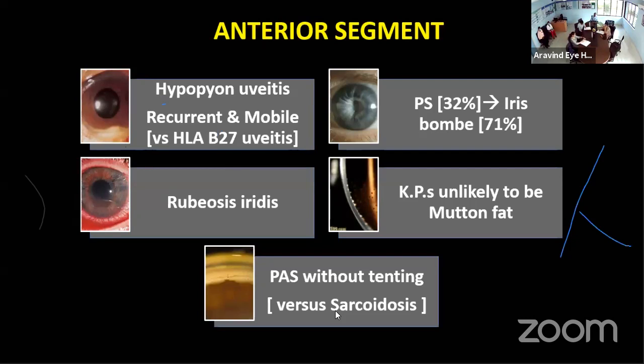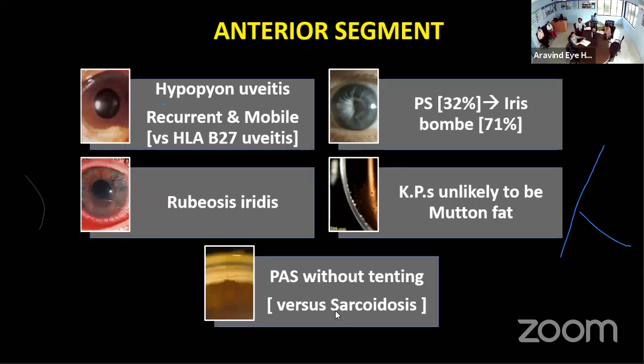When untreated, these Behcets can also have a rubeosis iridis. To do a gonioscopy, you see a peripheral anterior synechiae without tenting. So this is very, very important. If you see a sarcoid case, the tent-shaped peripheral anterior synechiae, if you recap, is one of the diagnostic criteria to pick up sarcoidosis.